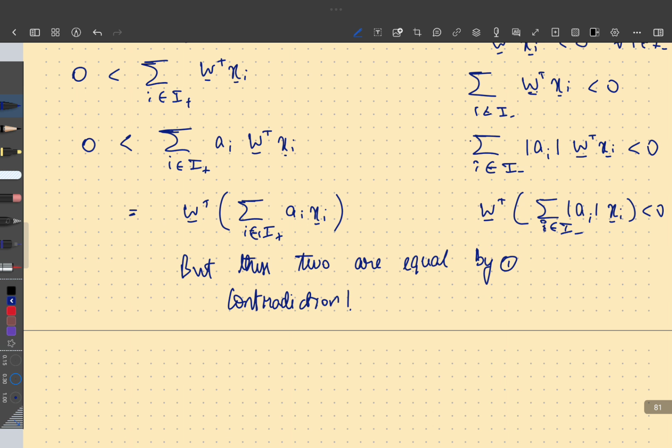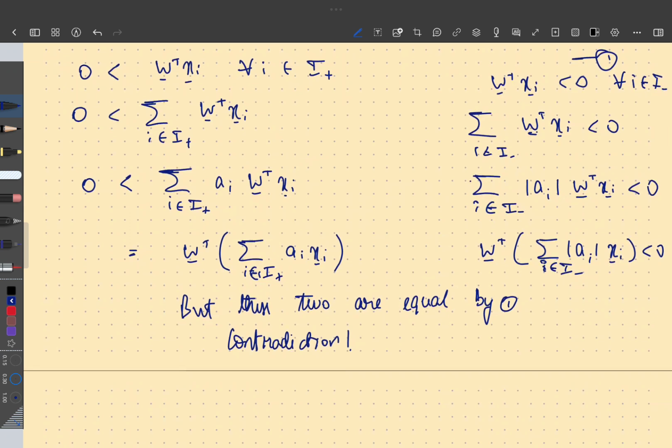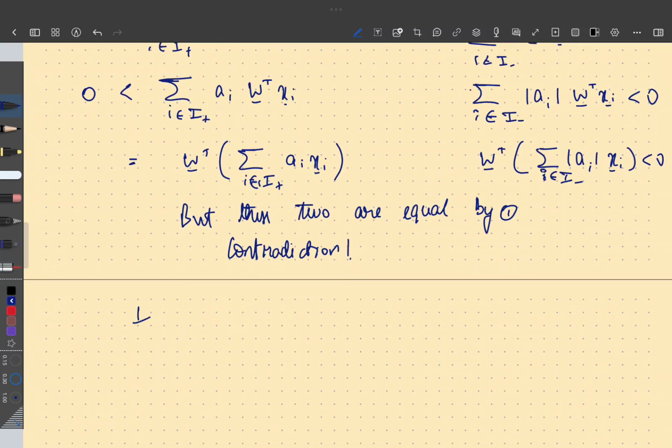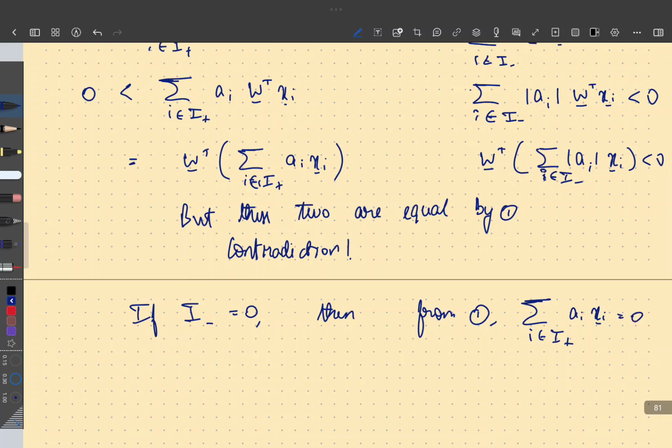Now if one of I plus or I minus is empty, let's say I minus is empty, then from equation 1, the summation over i in I plus, where the coefficients can only be positive, of a_i x_i should be equal to 0.